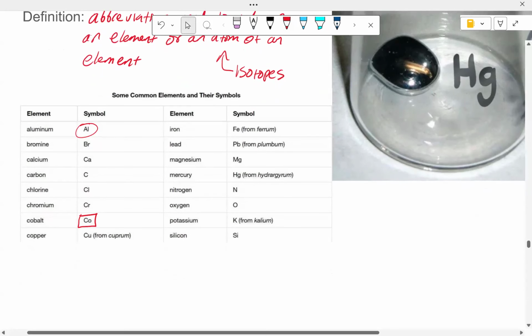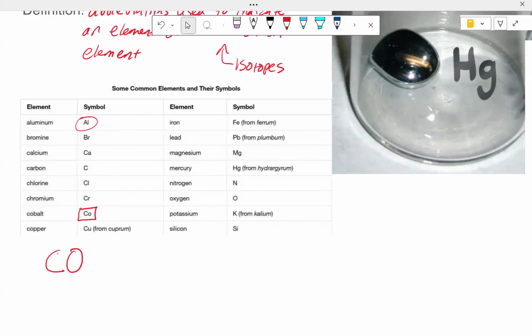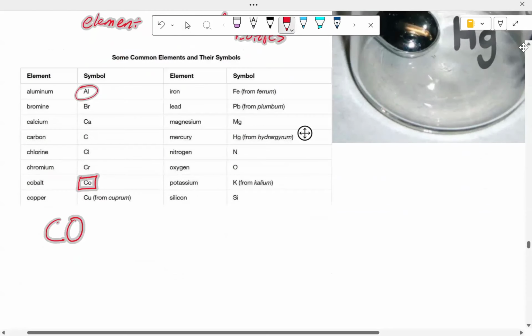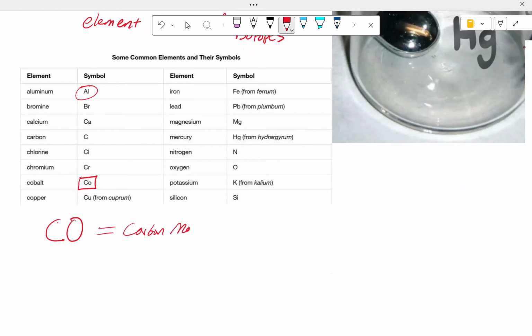If you were to capitalize both of them, so capital C, capital O, a chemist looks at that and says, that's not cobalt. That means carbon monoxide. It's easy to make those mistakes if you don't realize that there's a method to the madness here, that you have to make the second letter a lowercase letter.